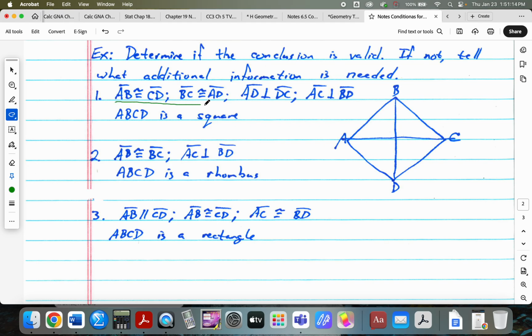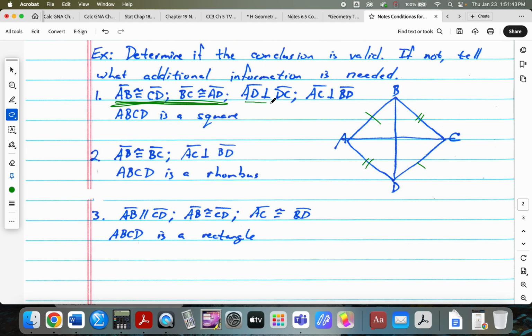If I know those two things, what do I know about ABCD? These two sides are congruent, these two sides are congruent. It's a parallelogram. If both pair of opposite sides are congruent, it's a parallelogram.